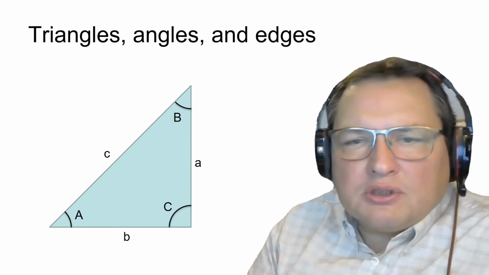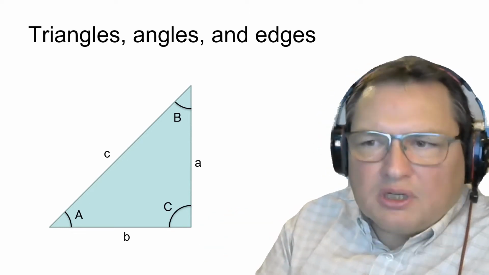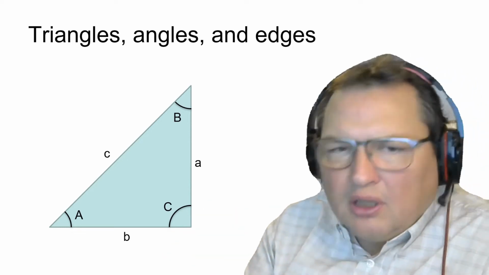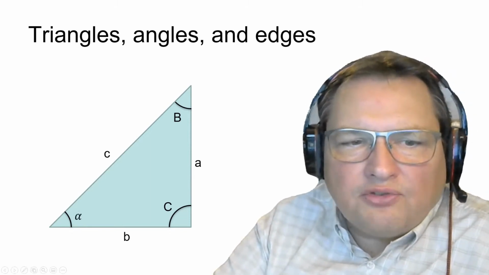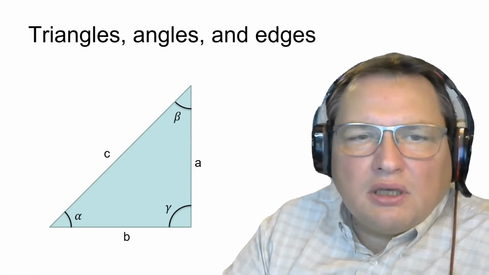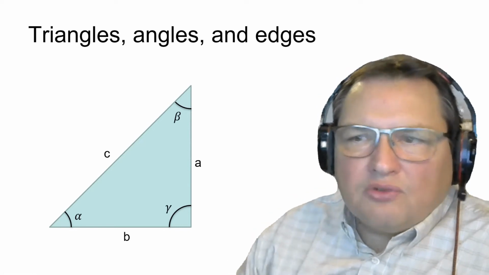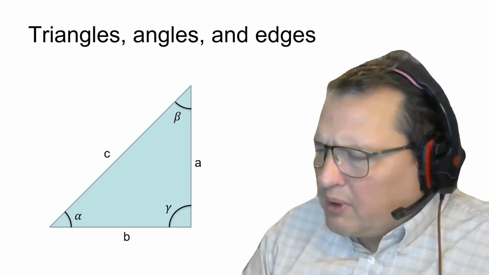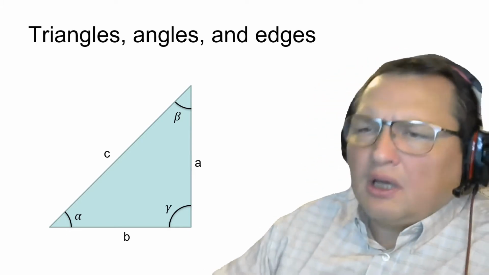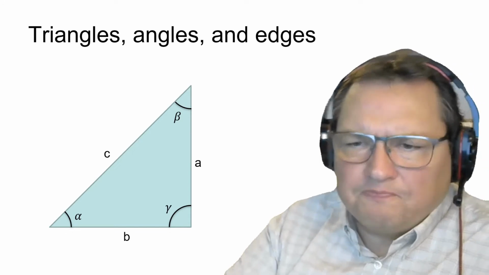However, mathematicians even more often use a slightly different convention of using the Greek letters alpha, beta, and gamma for the angles. This convention is very popular in scientific literature and in many web sources.